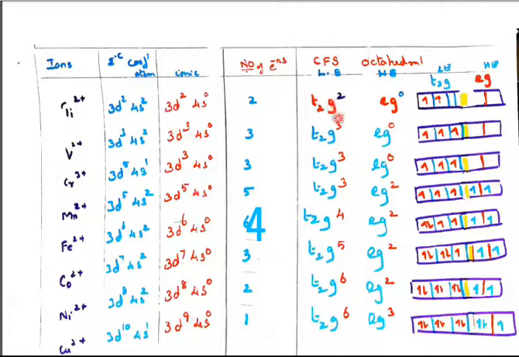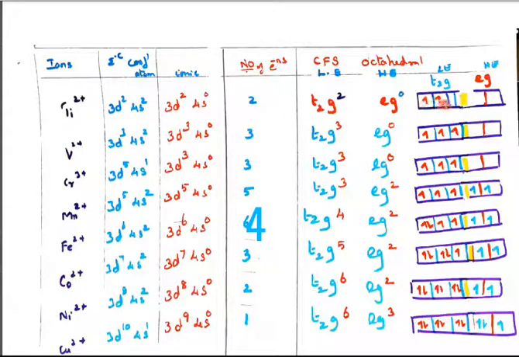So t2g is lower energy and eg is higher energy in octahedral. If it is tetrahedral, it is just the opposite: e should come down to lower energy, and t2 will go up to higher energy. Here I have written the lower energy state t2g and the higher energy state eg, t2g first and eg second.